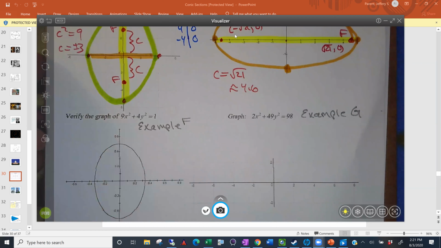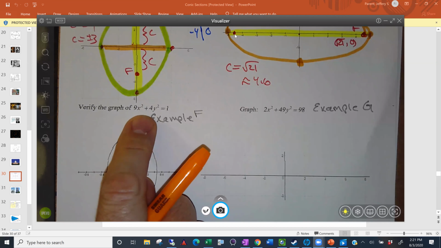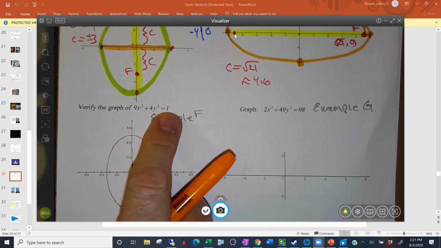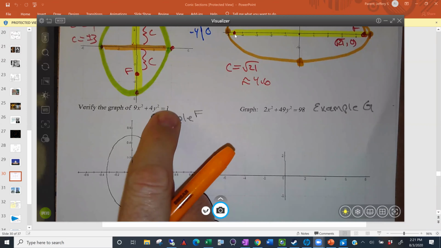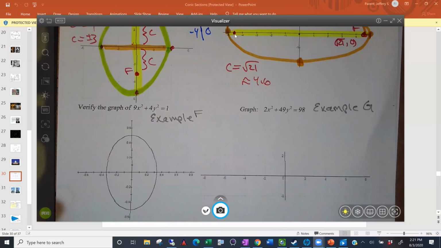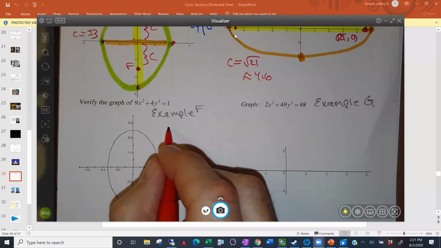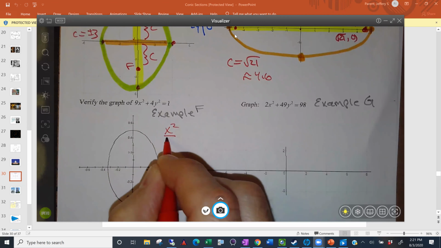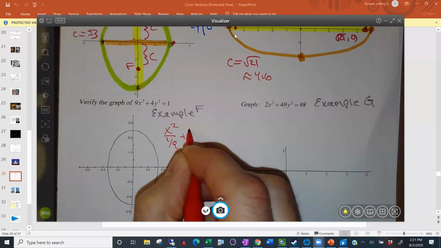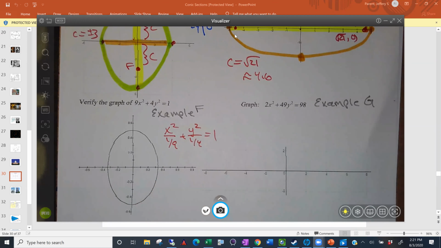I'm not sure I'm going to bother to try and find the foci in this one, but I am going to help you whip it into shape. Now, with our last one, we divided everything through by the right-hand side to get 1, but I've already got 1 right here. So this one's going to take a little bit more finesse. I'll rewrite it as x squared over 1/9 plus y squared over 1/4 equals 1.